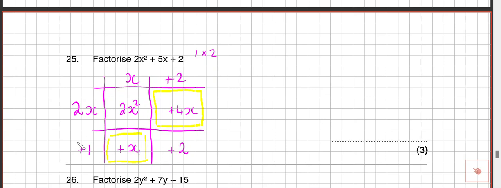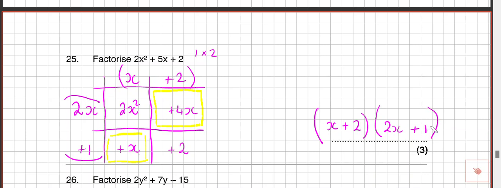Yeah, because it's 1 times x. x plus 1, that'd be brackets here, look. X plus 2. Brackets, 2x plus 1. It's like you forget what's on the outside.